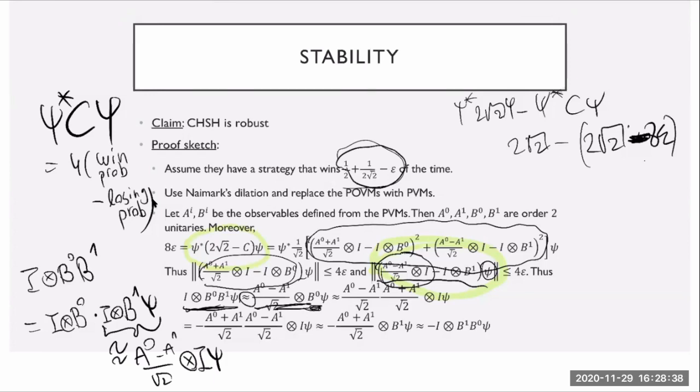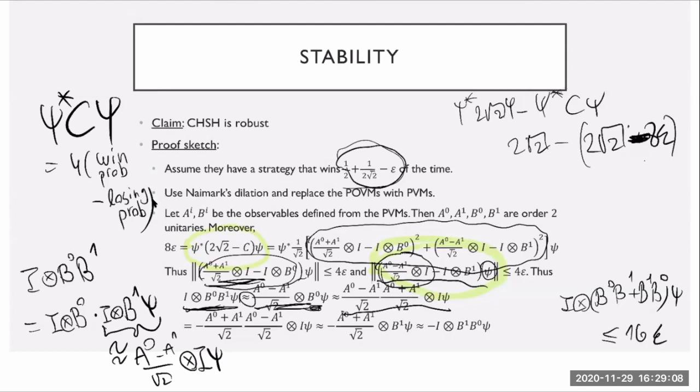And you can do it again, but now use this inequality, and then you get that this vector is at most 4 epsilon apart from this vector. And you can check that this vector actually equals this vector. And again, you have these approximately, so you get that I tensor B0 B1 plus B1 B0 acting on psi is bounded away by, I don't know, 16 epsilon.